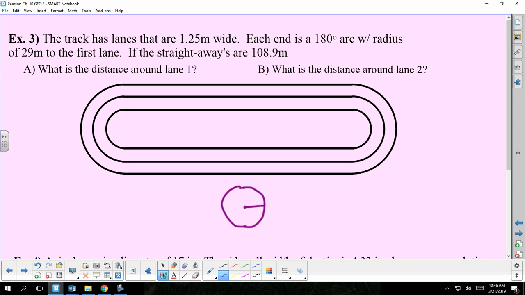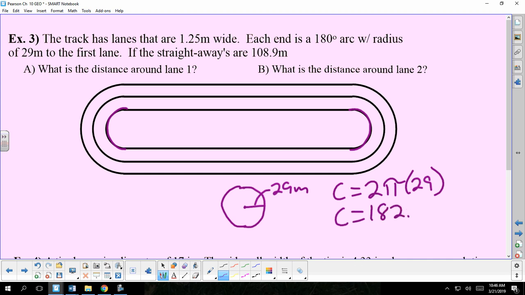That first lane is 29 meters. So to figure out these curve distances, I'm going to take 2 pi times 29. So that whole circle is 182.2, right? Where half of that's there and half of that's there.